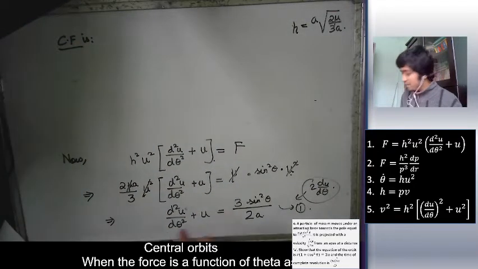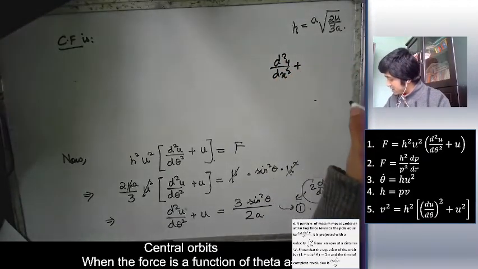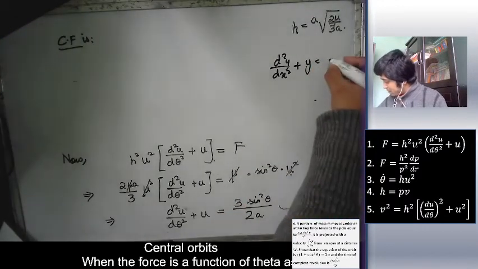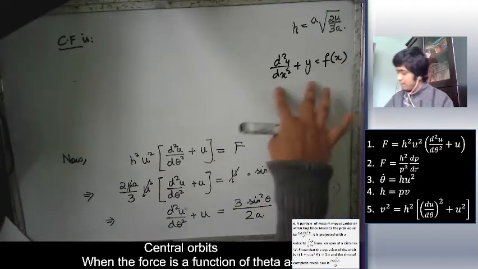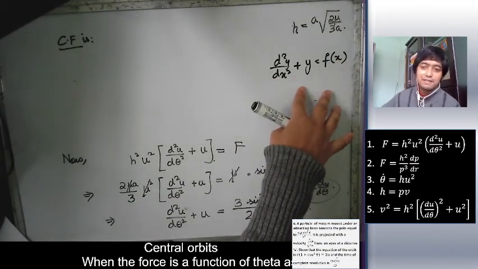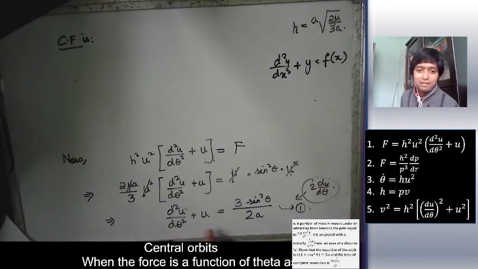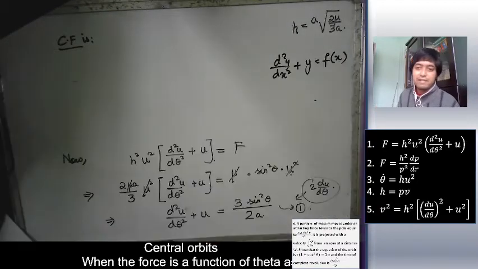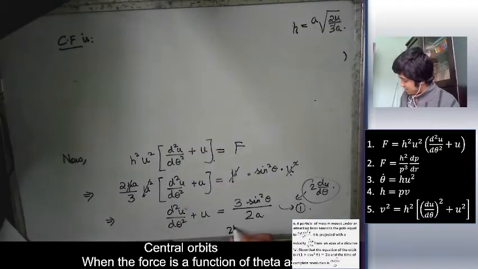Just to be clear, it is of the form d2y/dx squared plus y equals f(x). Instead of y and x, we are having u and theta, of course. Whenever you have something that looks like this, we will have to solve it as a second order differential equation.